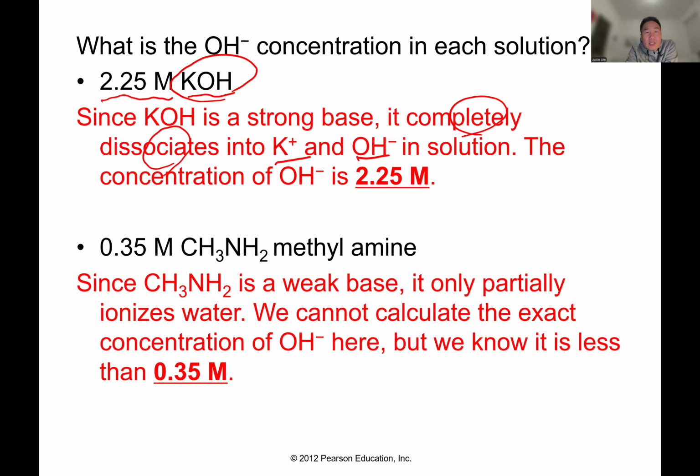So the concentration of hydroxide is 2.25 molarity. And then the second one, 0.35 molarity methylamine. Methylamine is a weak base. What does it mean? The hydroxide concentration is less than 0.35 molarity.